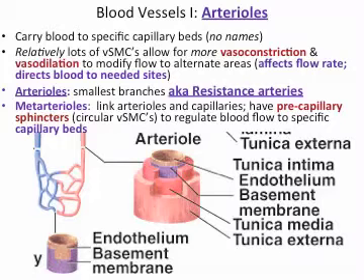And then the metarterioles allow blood flow from the arterioles into the capillaries. Metarterioles have precapillary sphincters, that's the structure, but the cell type that makes up the precapillary sphincter is a vascular smooth muscle cell. And those vascular smooth muscle cells obviously can vasoconstrict and vasorelax to regulate blood flow to specific capillary beds depending on the need.